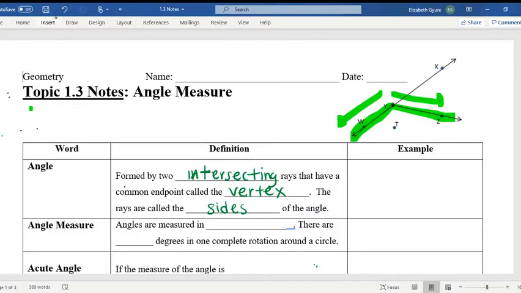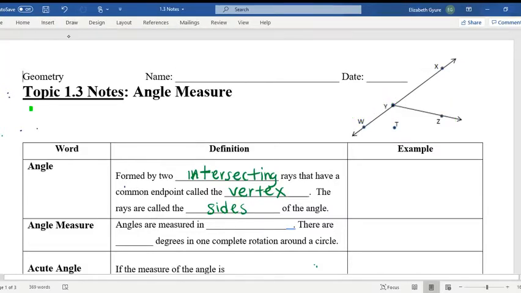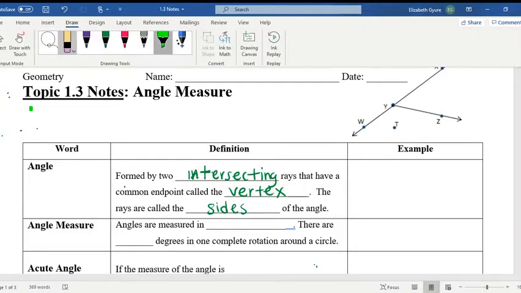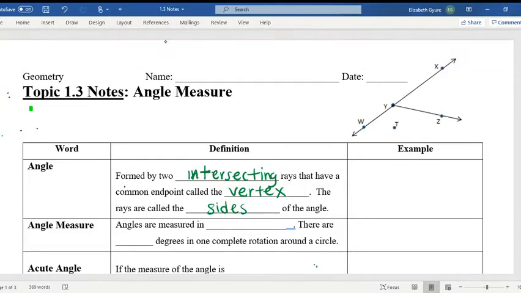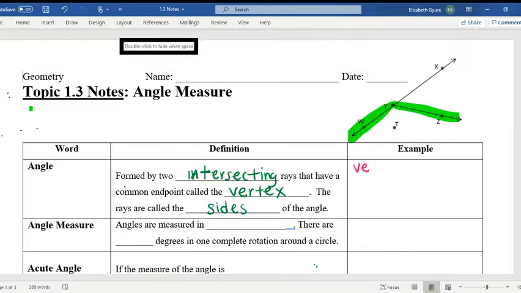So a few things to write down here. First of all, both of these rays intersect at Y, so we can go ahead and state that that's the vertex. We're going to do that in the example portion over here. So vertex is point Y. And then remember, the sides start at your vertex.